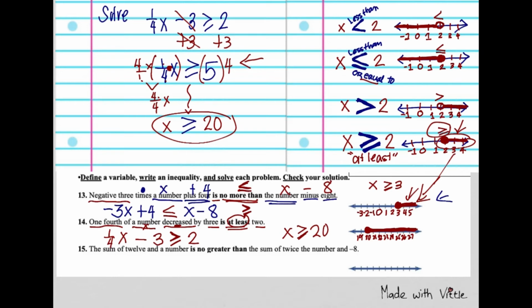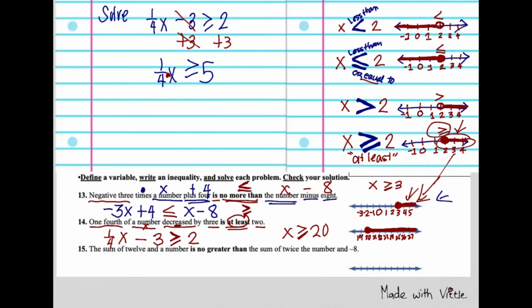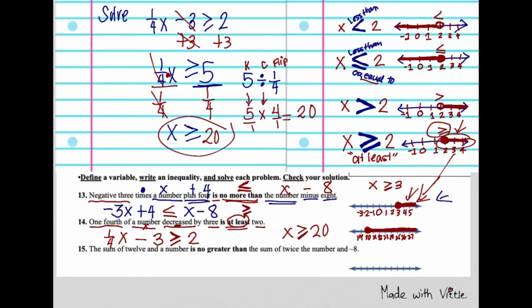It's okay too to divide both sides by 1/4. Let me show you that. And we're still going to get x is greater than or equal to 20. So this is multiplication between 1/4 and x. So let's divide by 1/4 on both sides. Dividing by a fraction, we keep, change, flip. Multiply straight across. And therefore, we still get the same answer, which is x is greater than or equal to 20.